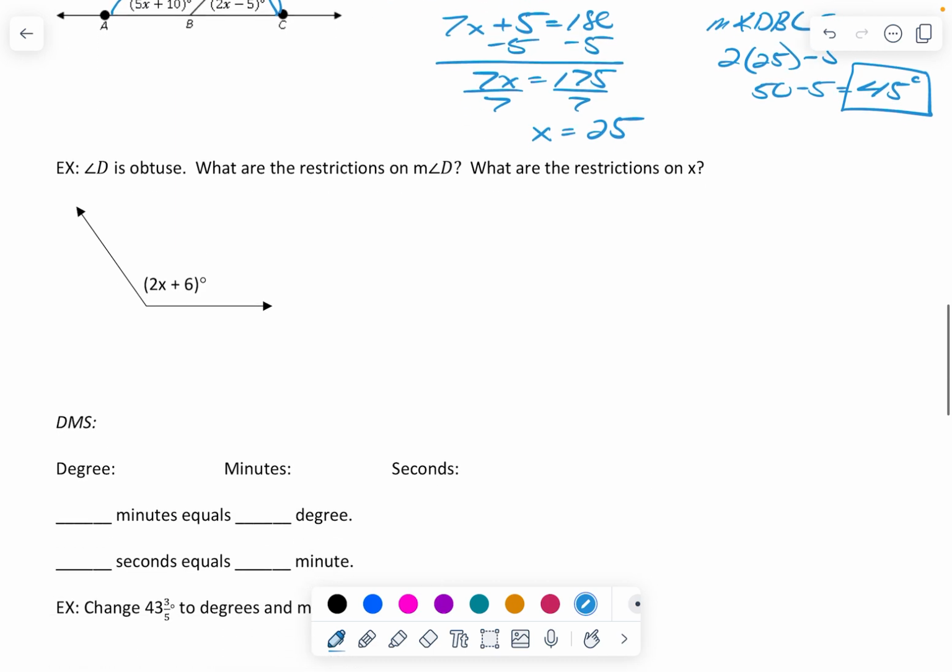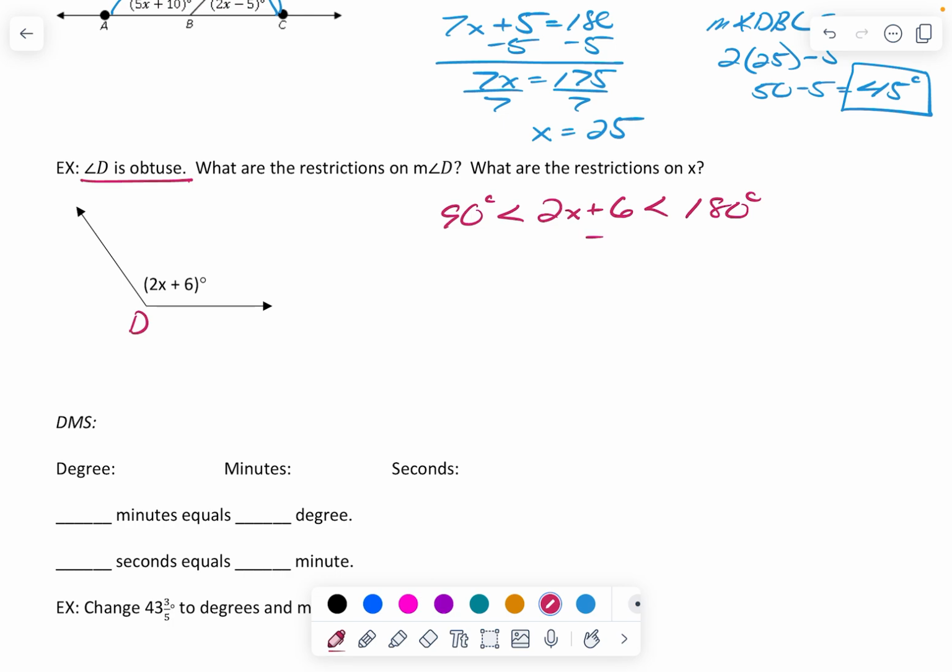Okay, finally, we have angle D is obtuse. What are the restrictions on the measure of angle D? So, I guess this is angle D. We'll put it like that. So we know if it's obtuse, angle D, this 2x plus 6, has to be between 90 and 180 degrees.